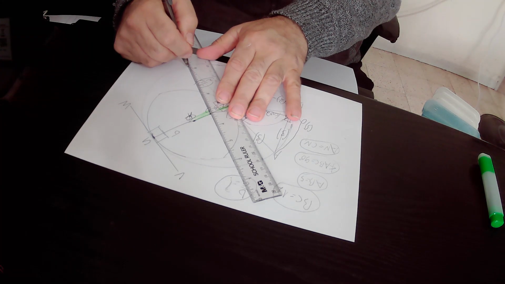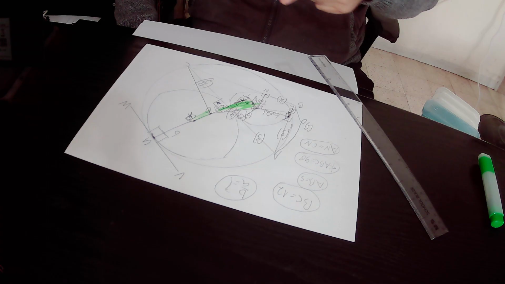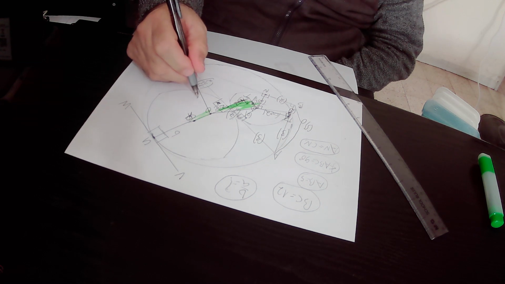What is the definition of the straight line OC? The straight line OC starts from point O, that is the center of the biggest circle, and ends at point C, that is a point on the biggest circle itself. Therefore OC is the radius of the biggest circle, that is equal to x.